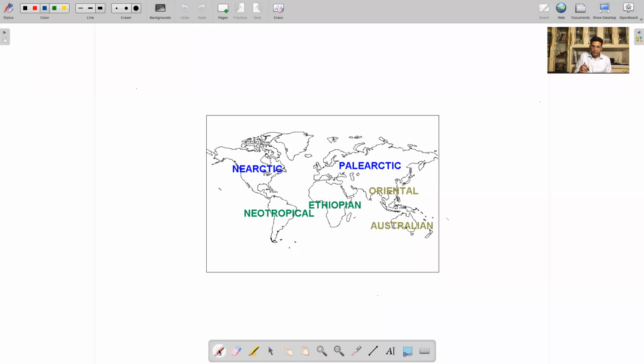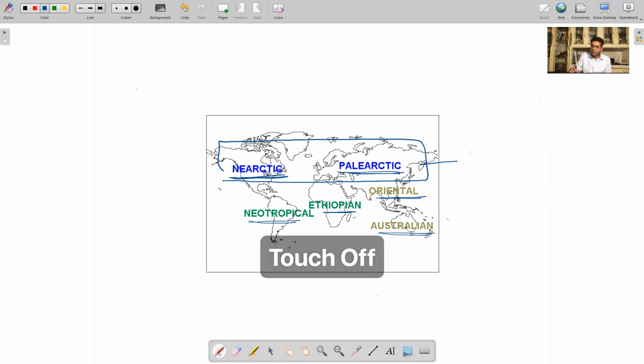We have the Nearctic region, which is essentially North America, the Palearctic region, which is Eurasia, the Neotropical is South America, the Ethiopian realm is Africa, the Oriental is the Eastern tropical part, and the Australian. Nearctic and Palearctic together are referred to as the Holoarctic.